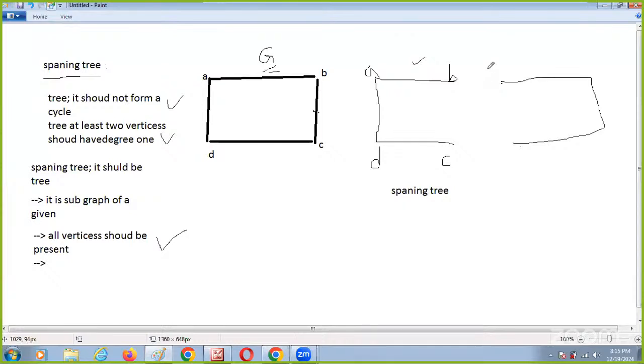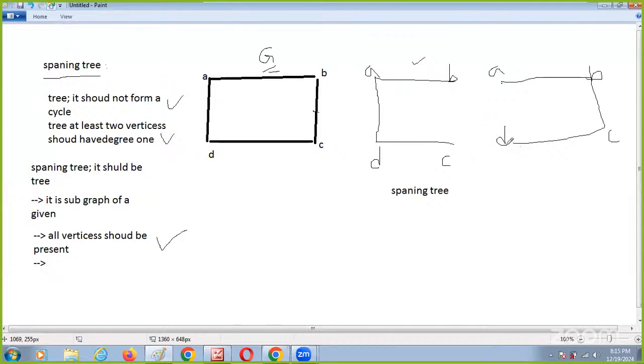Let us take A, B, C, and D. So there is one more possible. And there is also one more condition. In some examinations, in the GATE exam, they will ask how many possible spanning trees are possible for the given graph.